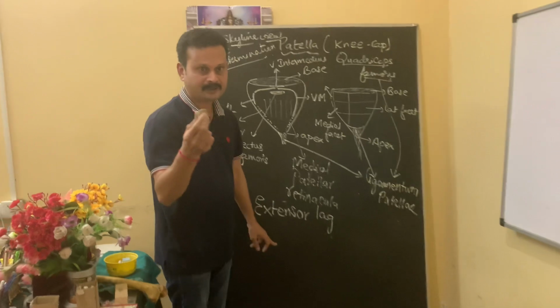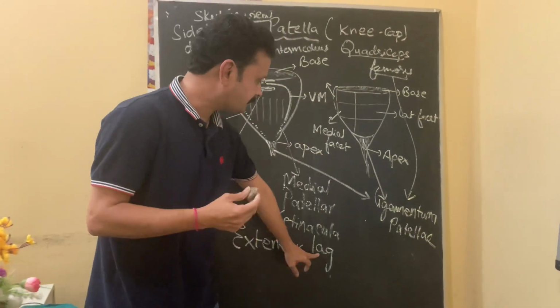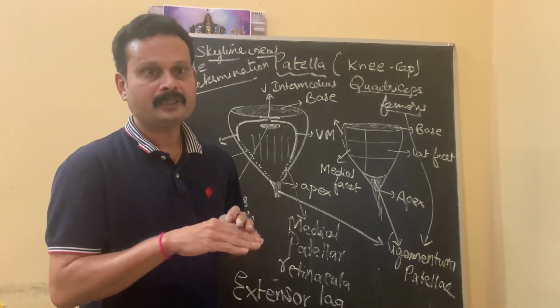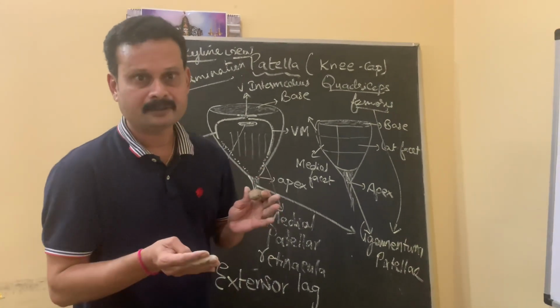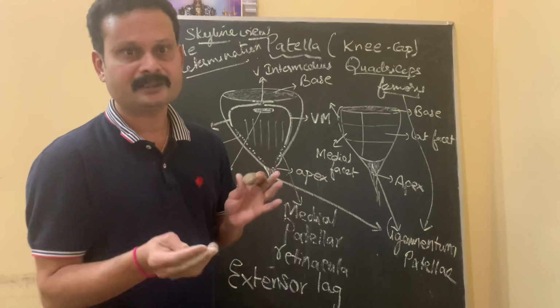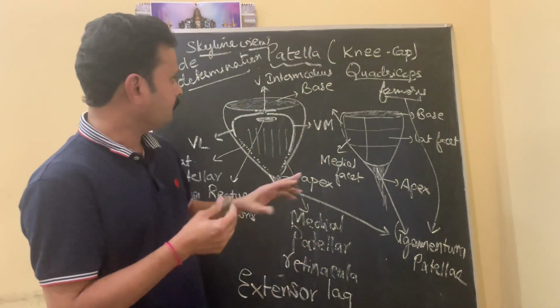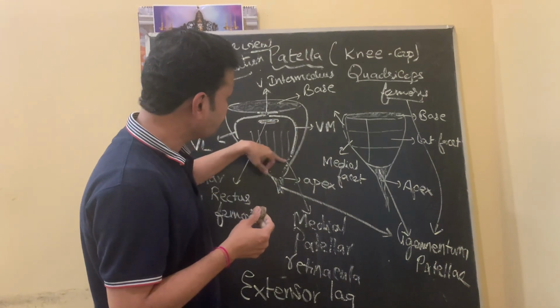When the patella is absent, it results in extensor lag. That means complete extension of the knee cannot be done. So it hampers complete extension of the knee. That is extensor lag.